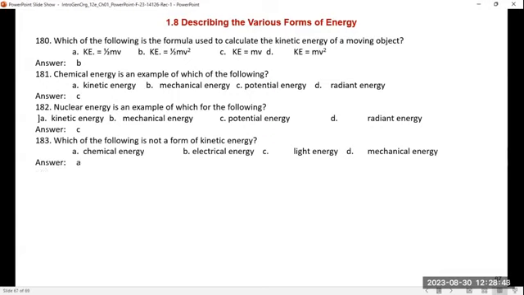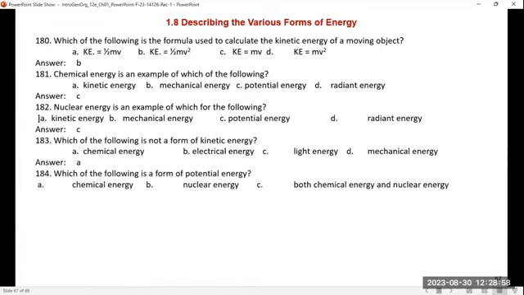A is the correct answer. Which of the following is a form of potential energy? Both nuclear and chemical, as we talked about. Both are potential energies. Answer is C.